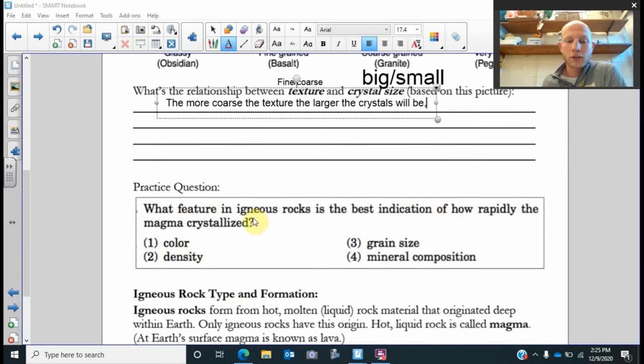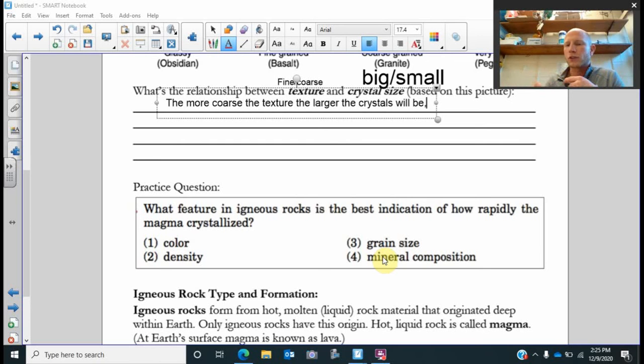So what's the feature in igneous rocks that is the best indication of how rapidly the magma crystallized or cooled? It's the grain size. Not mineral composition. A lot of kids thought mineral composition, but minerals will be in magma no matter what. If I take this guy right here and throw it into magma, the minerals, the compounds that were in here, don't just disappear.